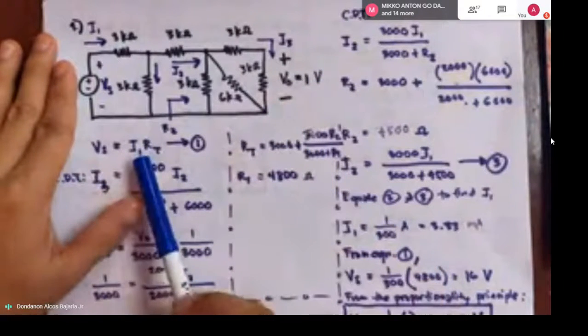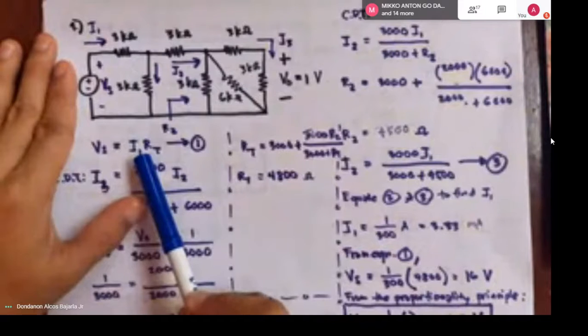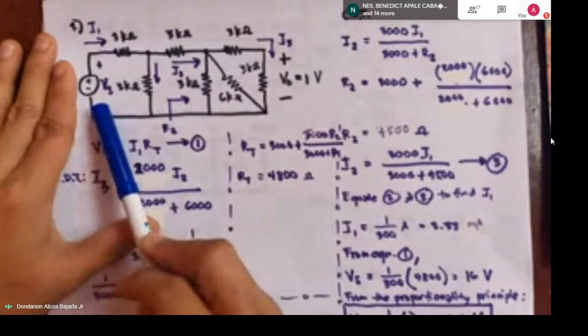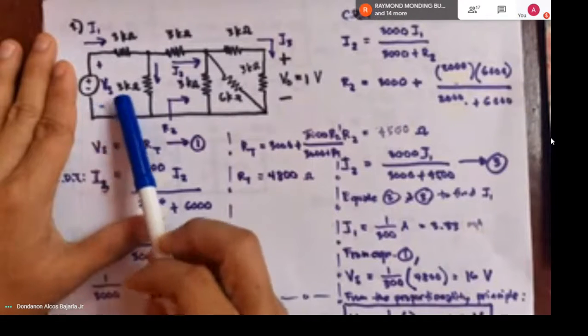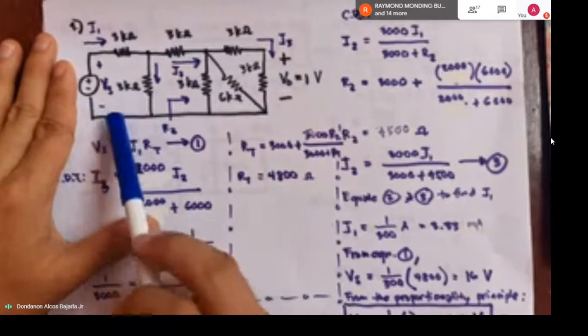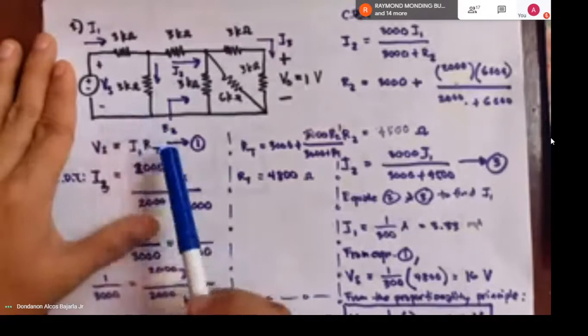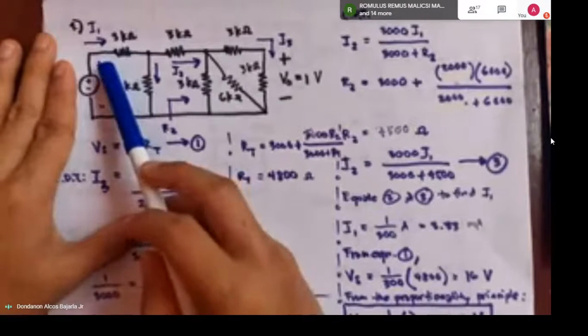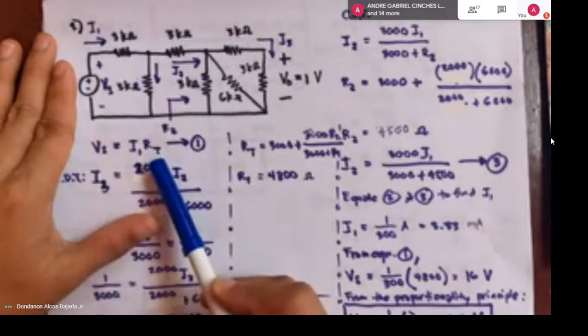We begin with the equation that will give us V sub S. V sub S, the voltage of the source, is equal to the total current times the total resistance.